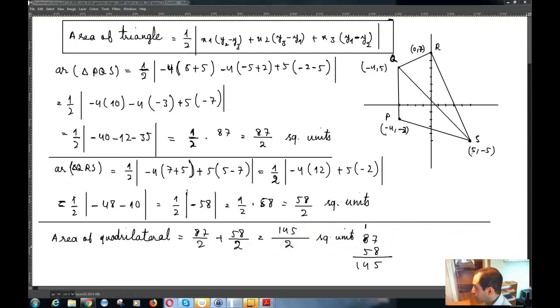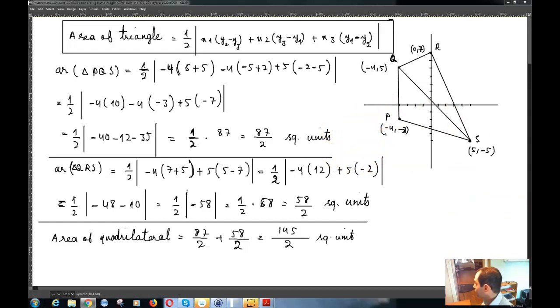Now I don't understand why I'm making a mistake here. Let's go see what the solution looks like. So to find the area, triangle ABC, triangle ACD. Okay, so now let's do it based on the solution that they have.